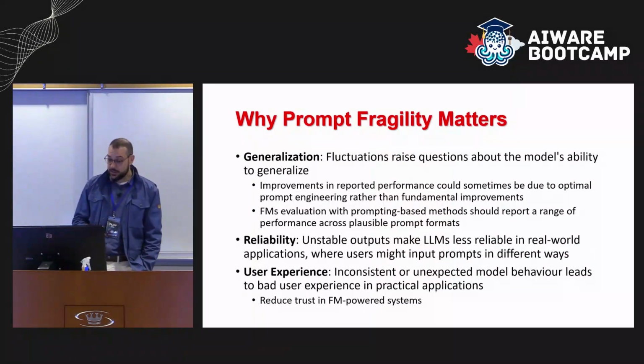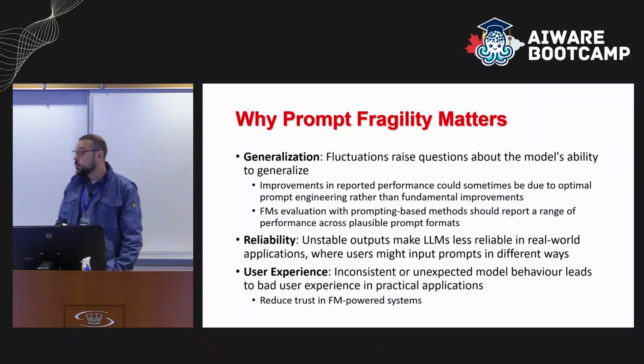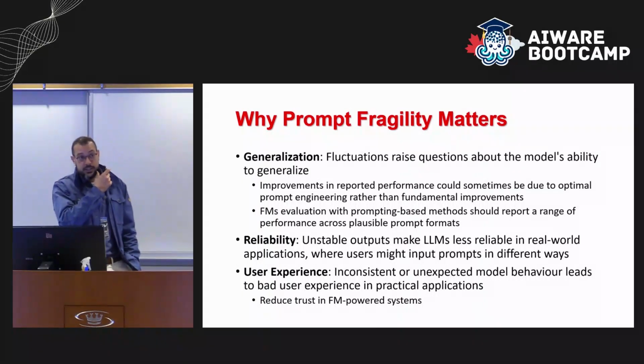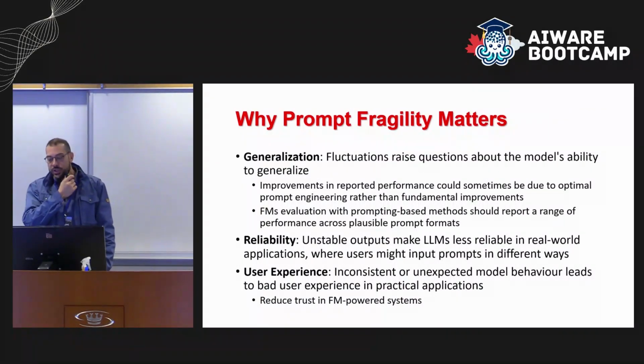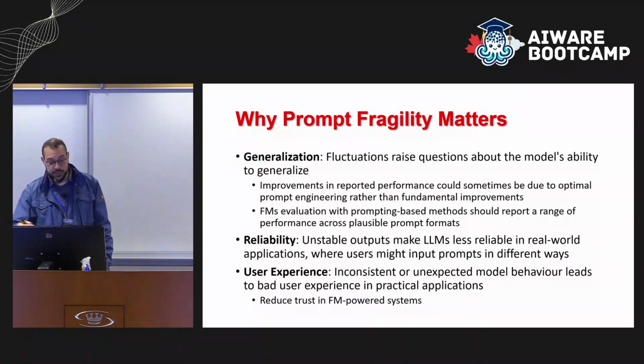And why does that matter? So first of all, these fluctuations will raise questions about the model's ability to generalize on a certain task. You never know if you just found by chance the good prompt that actually performs, or if it's just the model that is really good at a certain task.